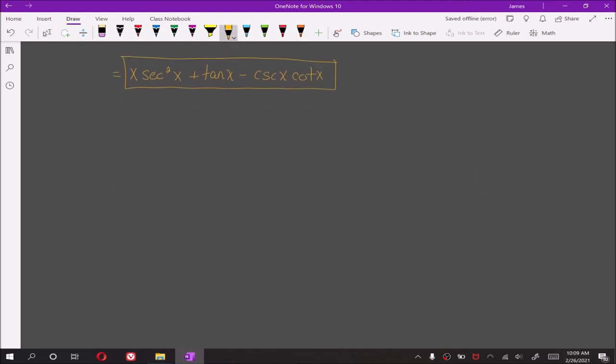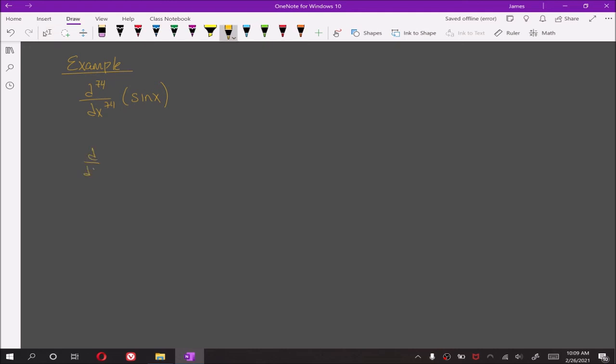And as our final example, let's consider finding the 74th derivative of sine of x. Now remember, the 74th derivative is the derivative of the 73rd, right, which is the derivative of the 72nd. So let's just start calculating.